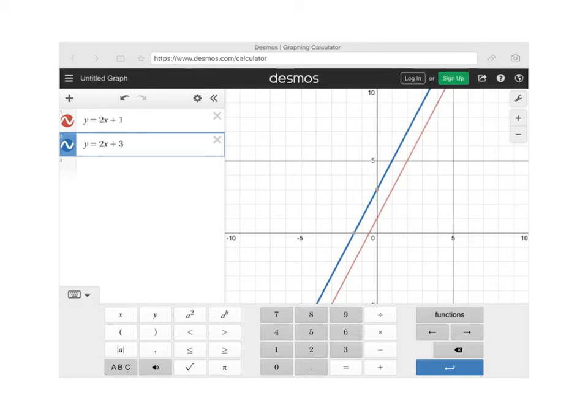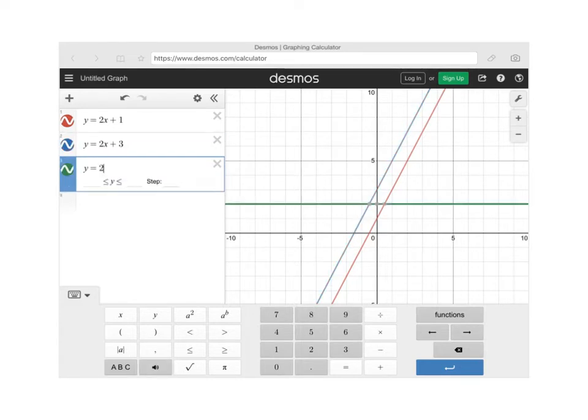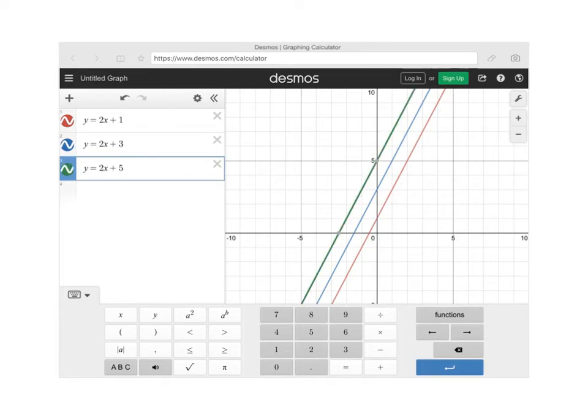Have a think, if I put in y equals 2x plus 5, what would that look like? Yep, it's the same steepness, so it's parallel, but because I put +5 in there, it crosses the y-axis at 5. So all the number at the end does is tell you where it crosses the y-axis, and effectively it moves the line up or down the y-axis.